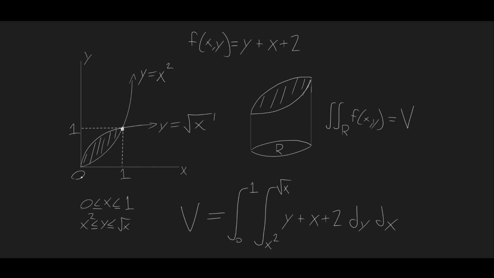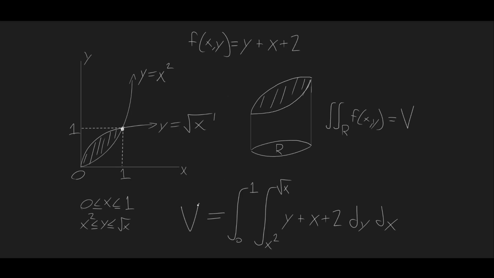So you always put the top function on the top of the integral and the bottom one on the bottom. And so these two bounds give you this region, which is enclosed by the two curves.